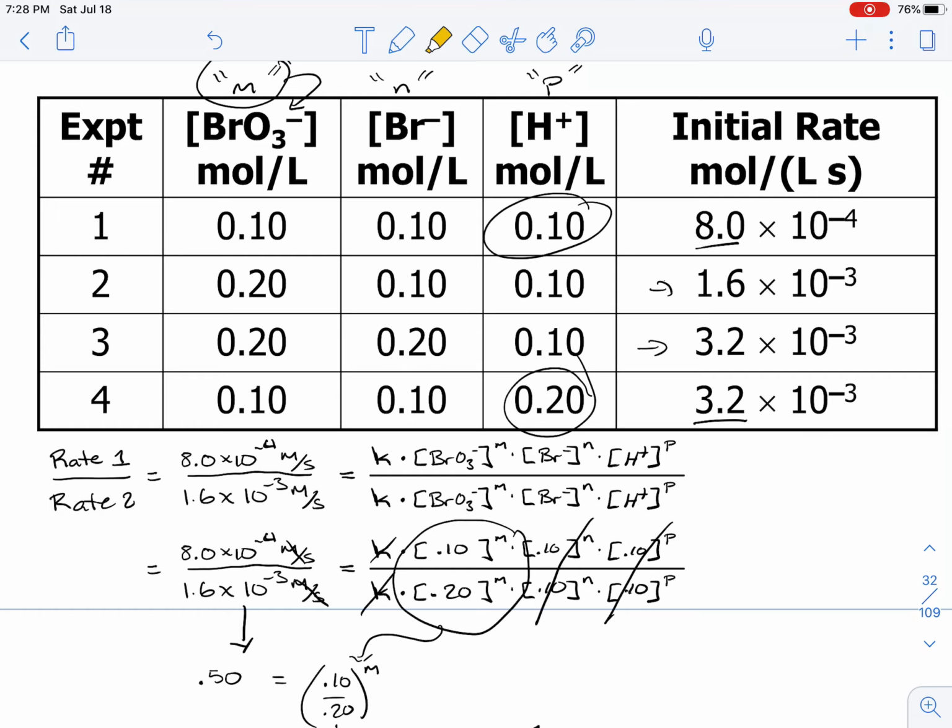Looking through this, it's really easy for me to use experiment 1 because the initial concentrations are all the same. It's 0.1 for bromate, 0.1 for bromide, 0.1 for H+. And the initial rate is 8.0 times 10 to the negative 4 molarity per second.